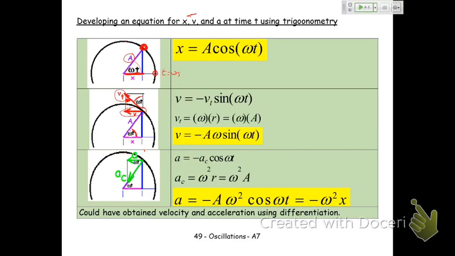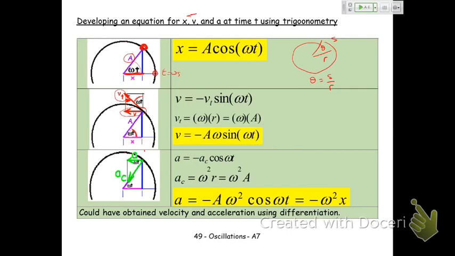This terminology is a little bit complicated. If you remember, if I remember my definition, we said that theta is equal to S over R. That was the definition of a radian.